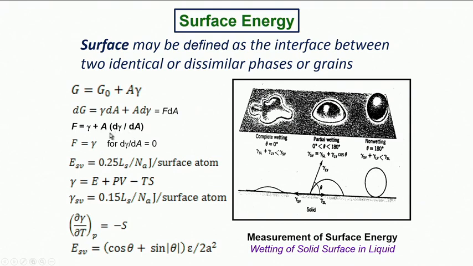And so these kinds of mathematical treatments allow you to understand that the force that exists onto the surface will be equal to the surface energy when the variation of surface energy with area is 0. So this is a typical isotropic situation.